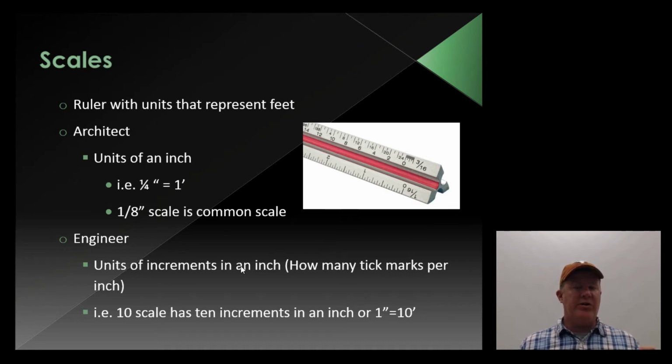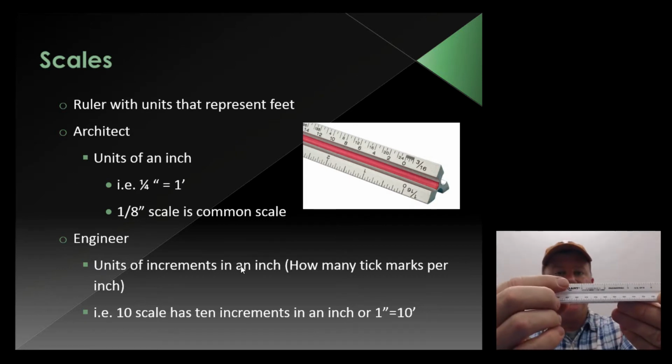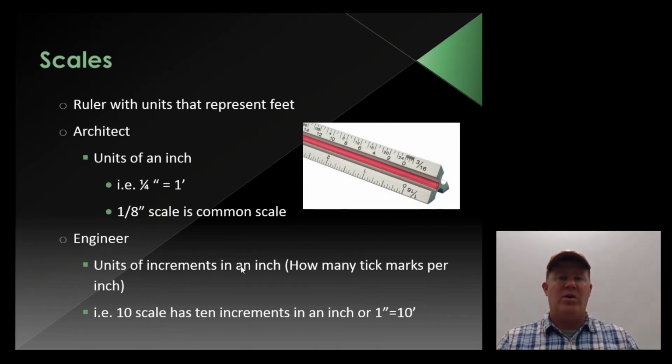If we're using engineer scale, which is increments of an inch, or how many tick marks in an inch, we're probably going to be using either 10 scale or 20 scale. With an engineer scale, basically each little tick represents 1 foot.